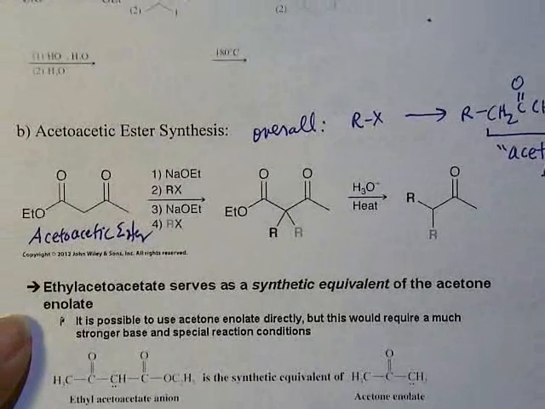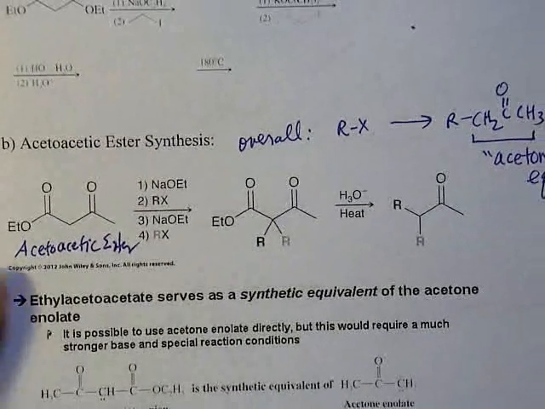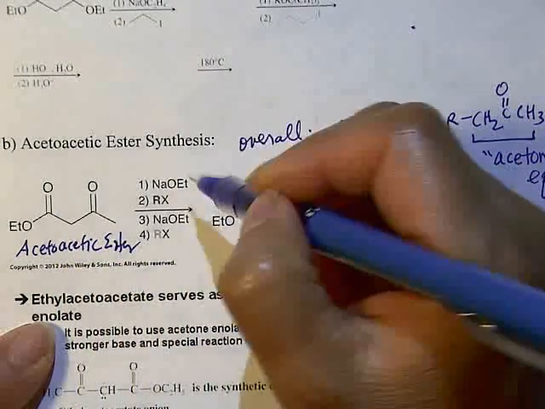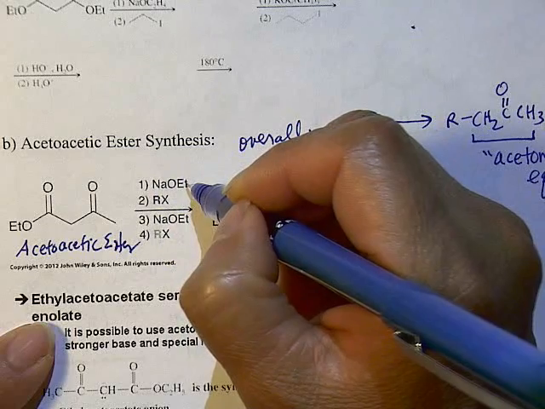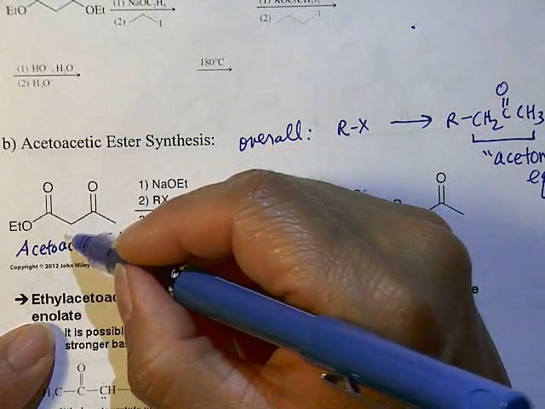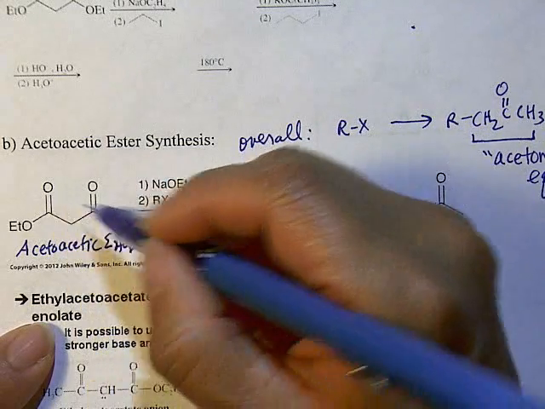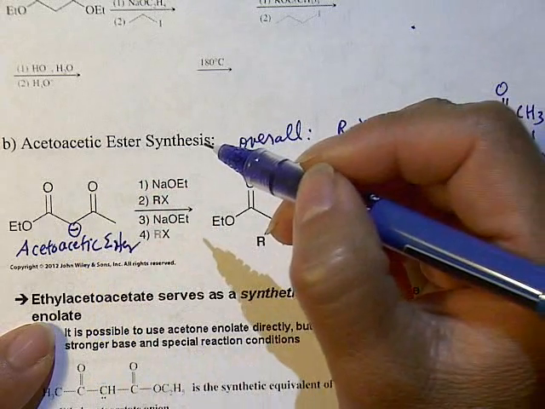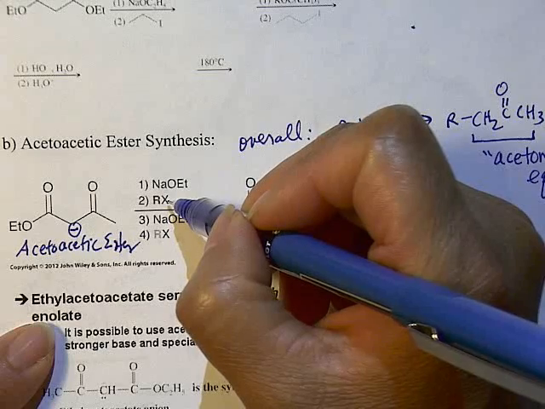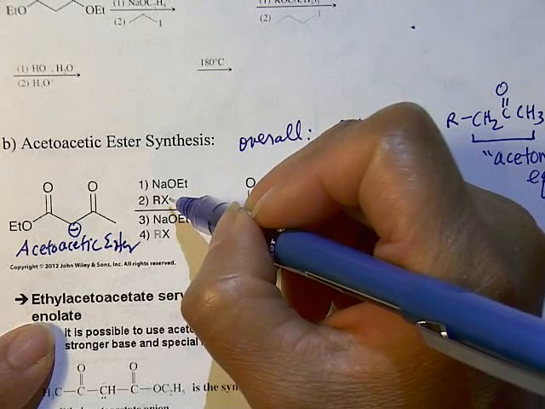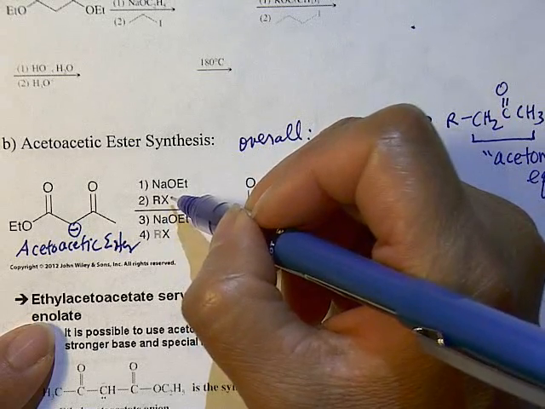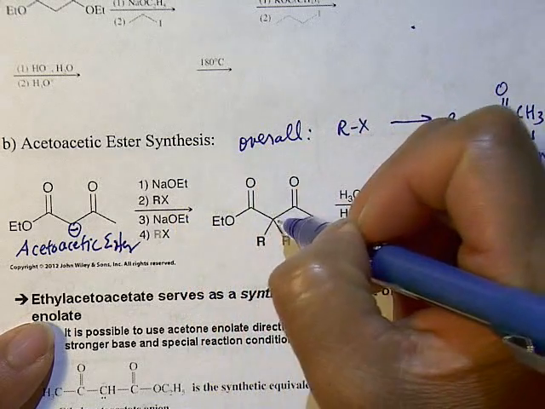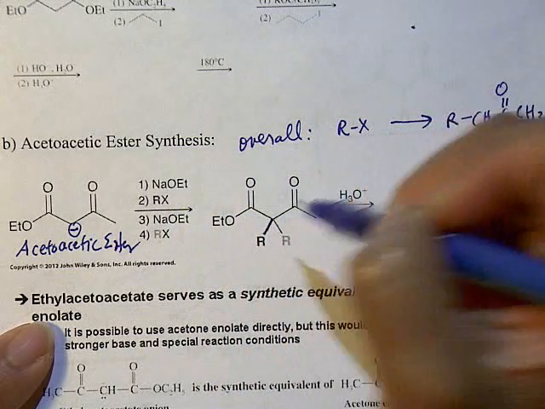I'm not going to go over it in detail because it's very similar to malonic ester, but basically you're starting with acetoacetic ester, and this is base, as you know, sodium methoxide, and because this is once again a pKa of about 9, because it's flanked by 2 carbonyls, you make an enolate in between the 2 carbonyls. You react with the RX, and once again you want the RX to be a primary alkyl halide if possible, and then you form this bond.